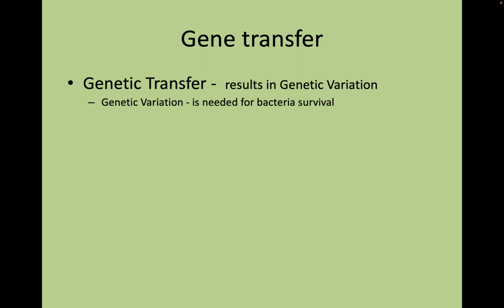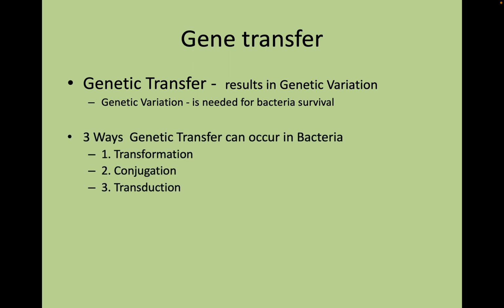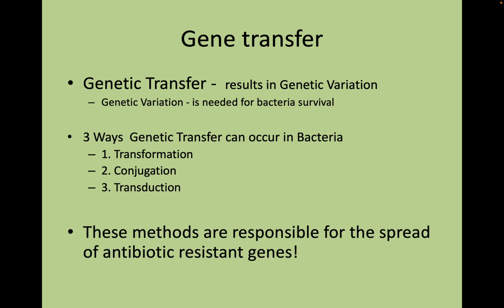So gene transfer results in genetic variation, and genetic variation is critical for survival. If all bacteria were identical, they could be easily wiped out by the same thing, right? So there's 3 ways genetic transfer can occur in bacteria: transformation, conjugation, and transduction. These methods are responsible for the spread of antibiotic resistance genes.